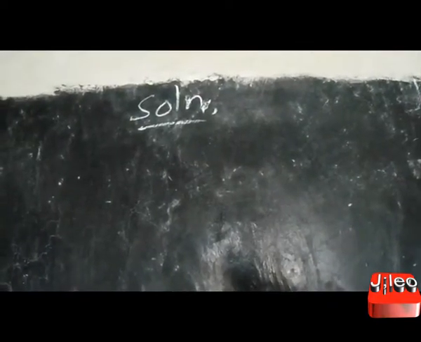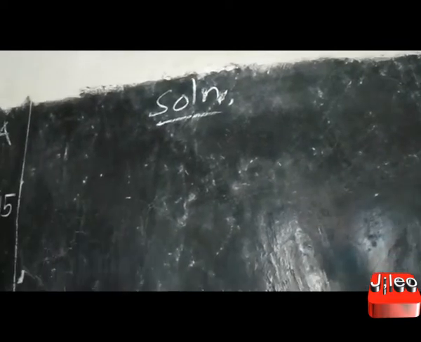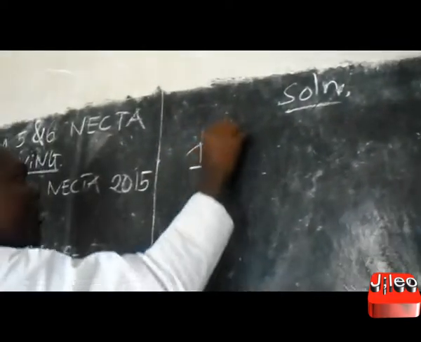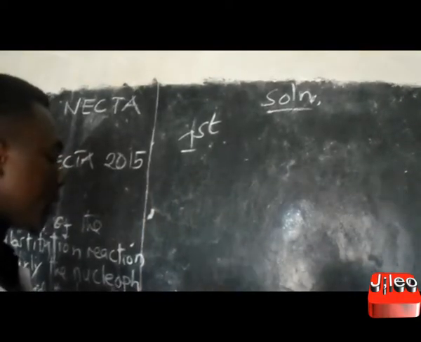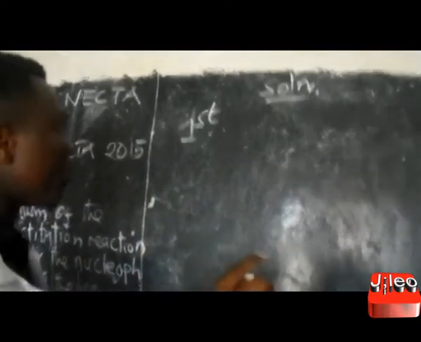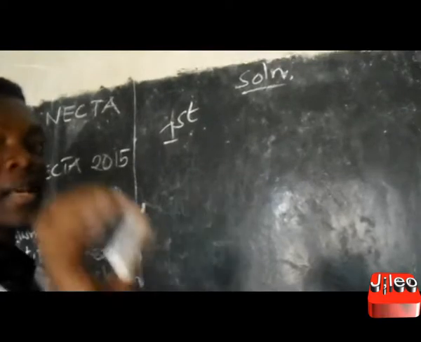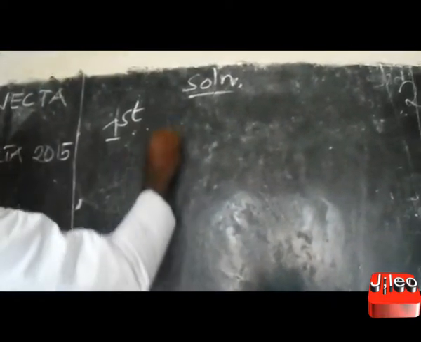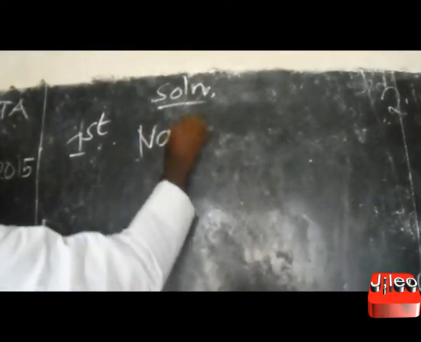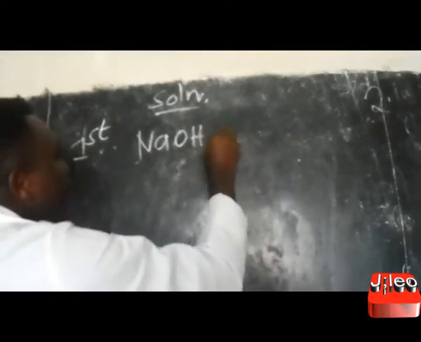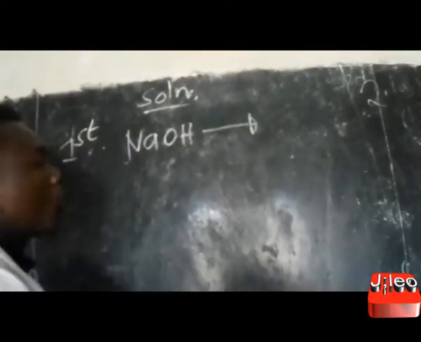So we have to do something known as protonation. So we have the first step. We have to have an electrophile and a nucleophile by doing the process known as protonation. We take this sodium hydroxide, then split it into ions.